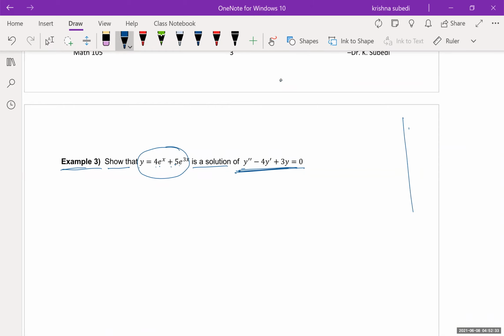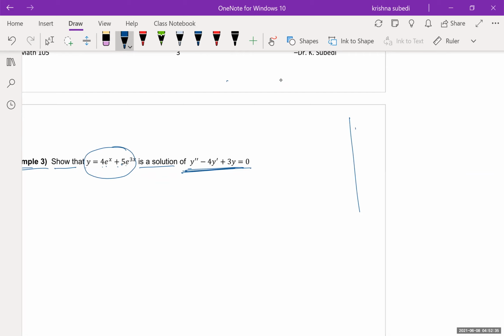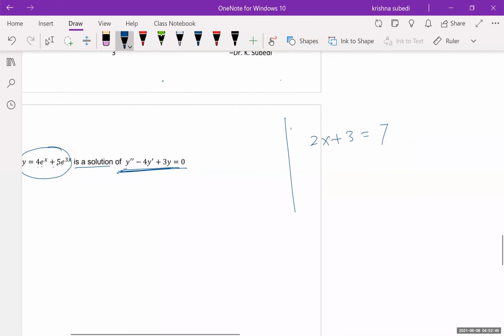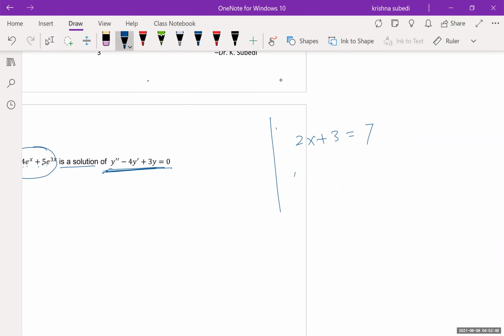Remember, in high school, for example, if you are given 2x plus 3 equals, let's say, 7, okay? And suppose this is the equation, and to check, is x equals 1 a solution? If you want to check whether x equals 1 is a solution or not, what you're going to do is put this value there, right?